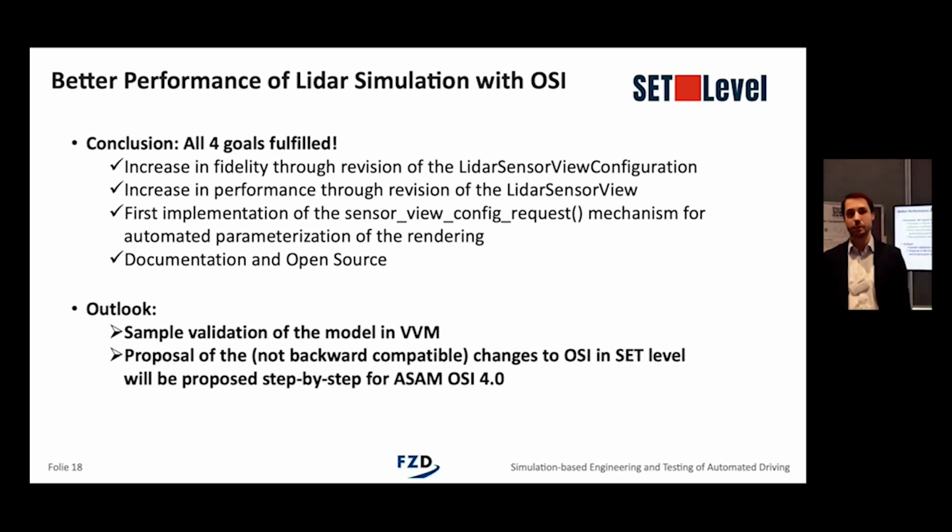There will also be a separate presentation on that. And currently our changes to the OSI interface are only in the SET Level proprietary version of OSI. So the next step would be to bring all the improvements to the standard ASAM OSI 4.0, which is already going on. There are discussions about it. So this will be next.